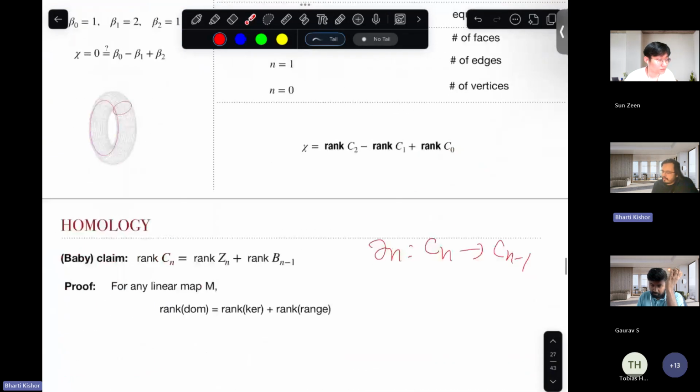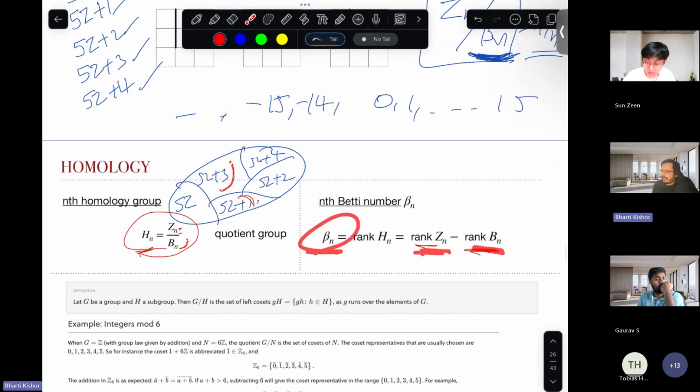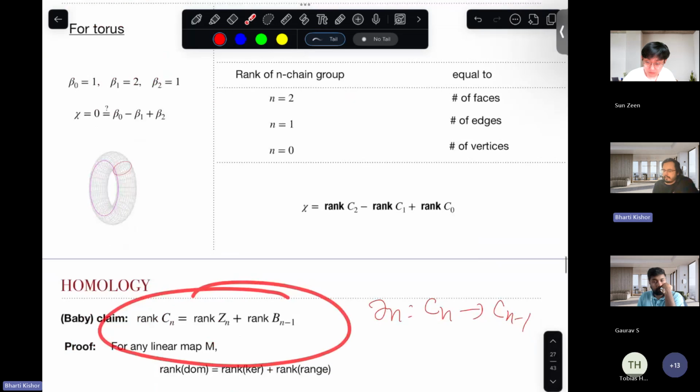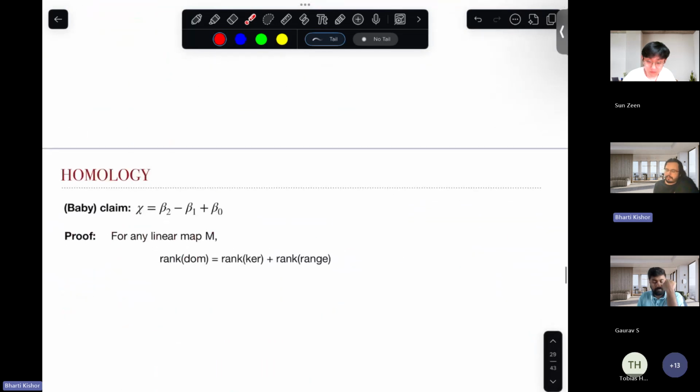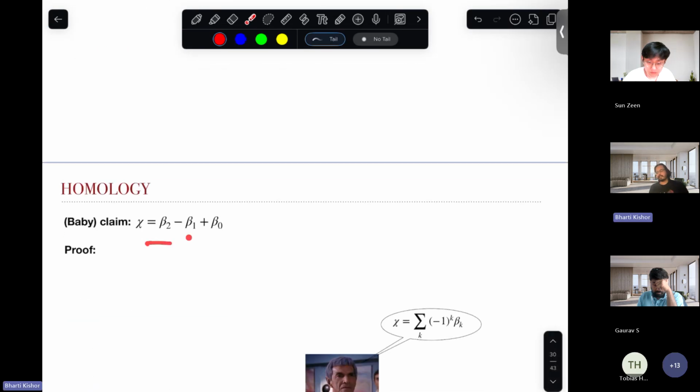So you can just use this relation here, and then the fact that beta n is the rank of Zn minus the rank of Bn, and you can prove this. Maybe you can take this as a small homework. So chi is beta 2 minus beta 1 plus beta 0, and in general, chi is nothing but the alternating sum of Betti numbers.